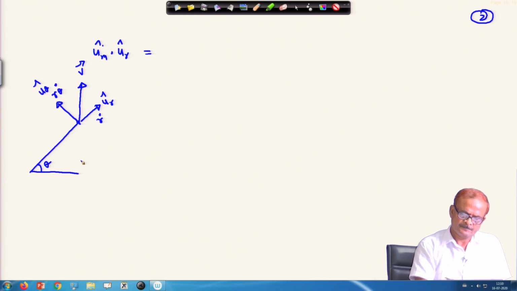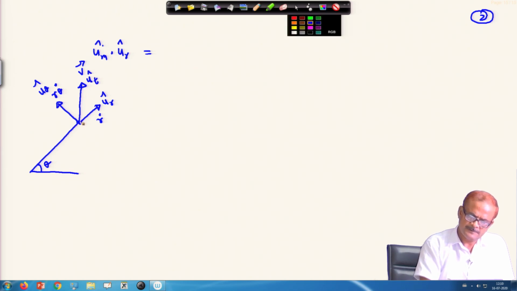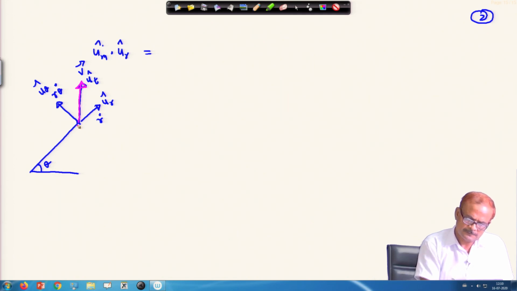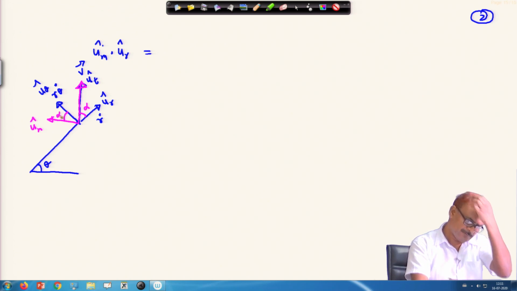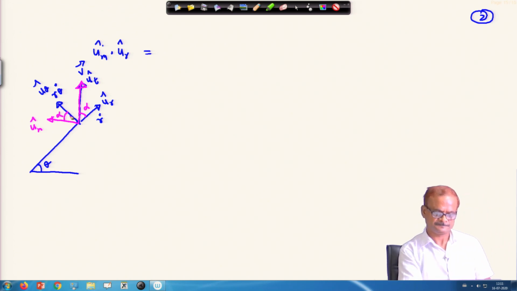Perpendicular to the u n vector, u t cap is along this direction, so perpendicular to this will be, I will use another color, this is u n cap. This angle we have written as alpha. If this rotates by alpha, this angle will also be equal to alpha.